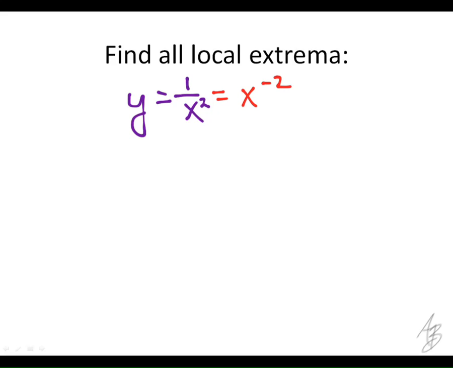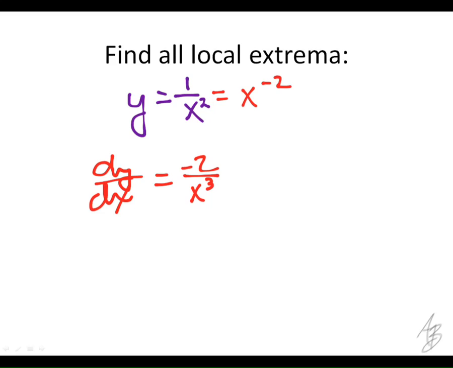So I'm going to rewrite it as x to the -2, which means that dy dx is equal to... Okay, good. So -2 times x to the -3rd, which is -2 over x to the 3rd.